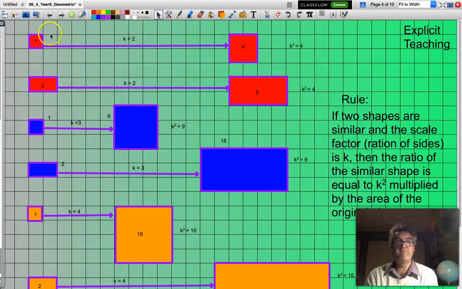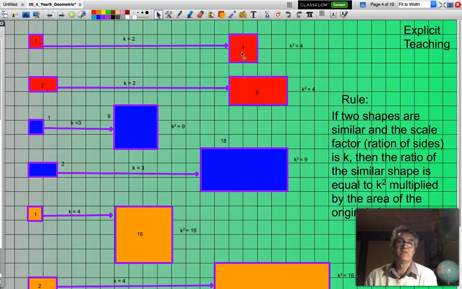In other words, I have multiplied each side by a factor of 2. What does that do to the area? Well, my area has gone from a value of 1 to a value of 4.